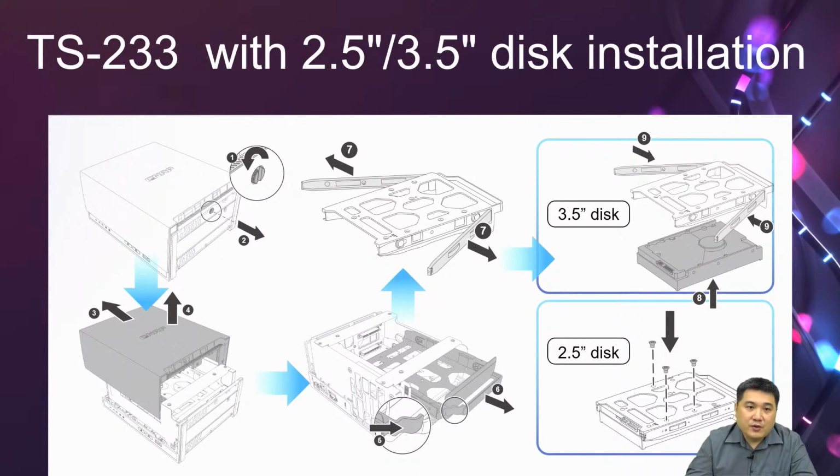Then we remove the fastening panel on both sides and insert the 3.5-inch hard disk. We put the fastening panel back to complete the installation, and we use traditional lock screws for the 2.5-inch hard disk.